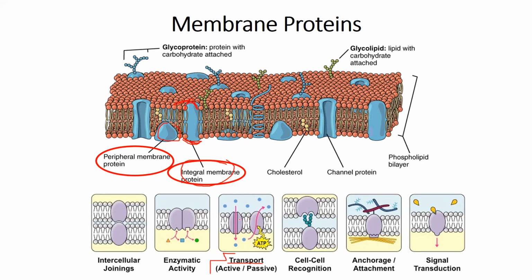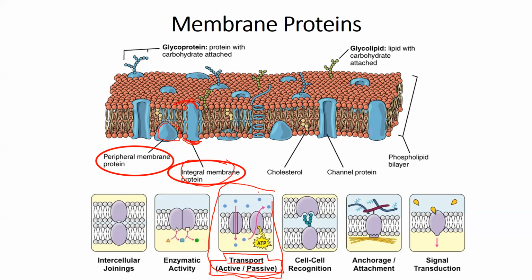So they need the help of proteins to get transported across the membrane. These proteins, especially the integral membrane proteins, help in the transport of molecules or charged ions across the membrane. And this is what we're going to focus on in this lecture.